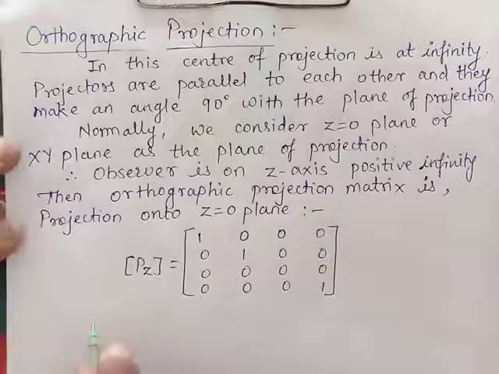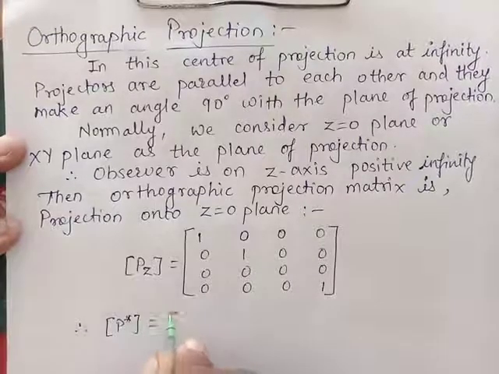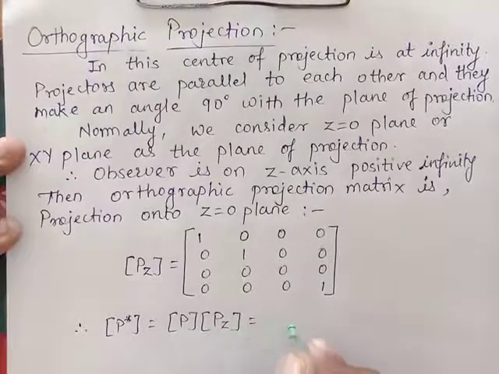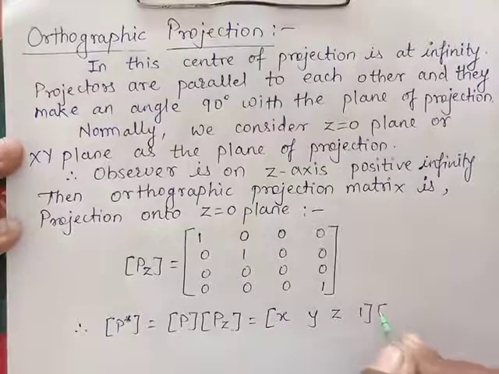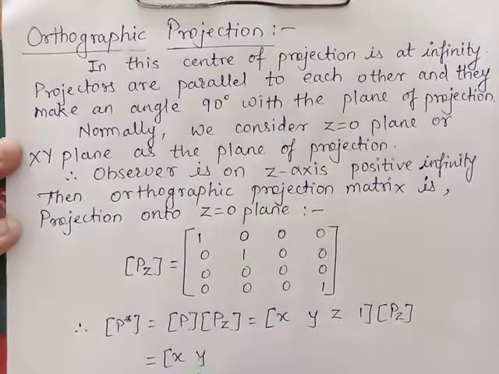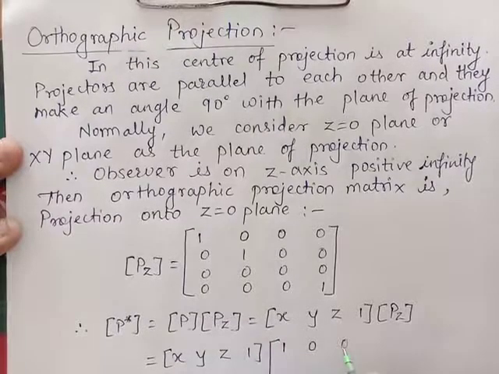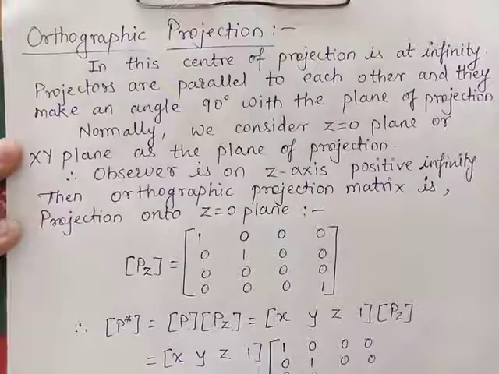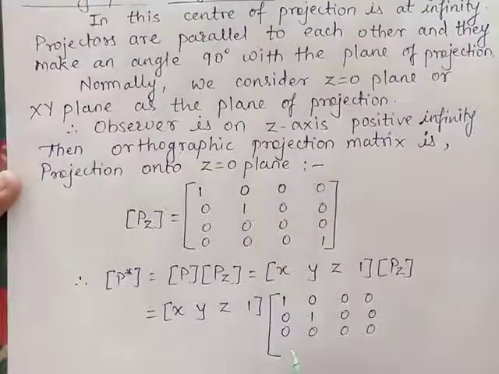Now look at what point P star is. P star is nothing but P into Pz. What is P? It is x, y, z, 1, multiplied by Pz, which is this matrix.